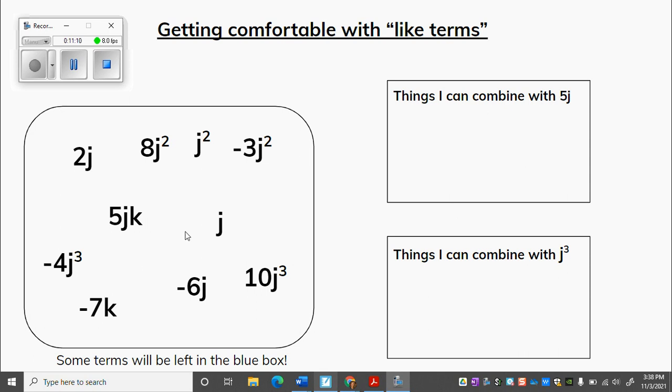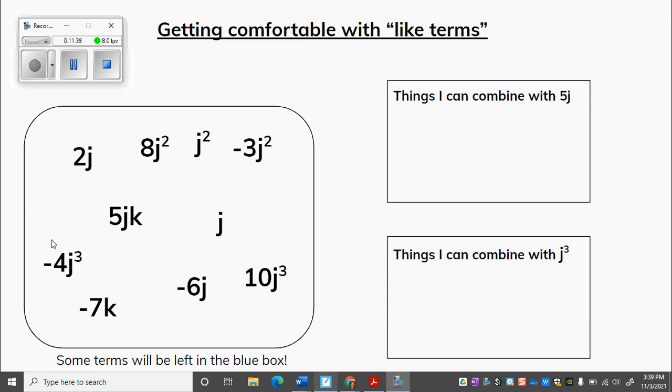Now over here off to the side, I have 1, 2, 3, 4, 5, 6, 7, 8, 9, 10 different things going on over here, 10 different terms. Now first, I want to focus on the stuff that I can combine with a 5J. So basically, let's say the letter J stands for jalapenos, okay? Let's say you have 5 jalapenos.